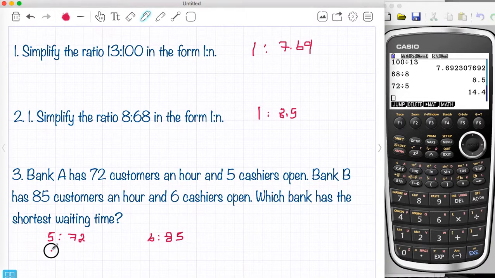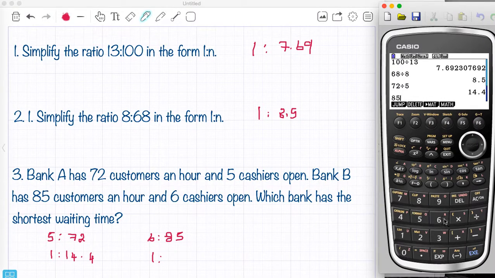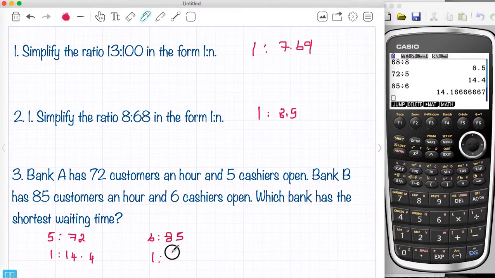So it's 1 cashier per 14.4 customers, and this one I'm going to divide by 6 to give 14.1 or 14.2. So I think I would rather come to this bank, slightly less. Bank B has slightly less waiting time or cashiers open. So that's really just an introduction to ratios and simplifying ratios.